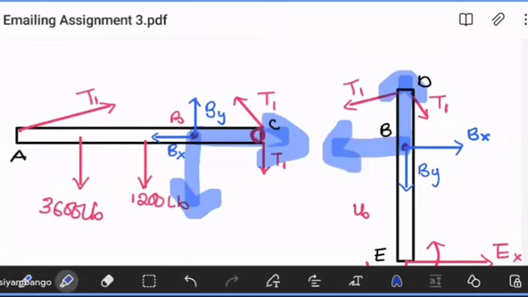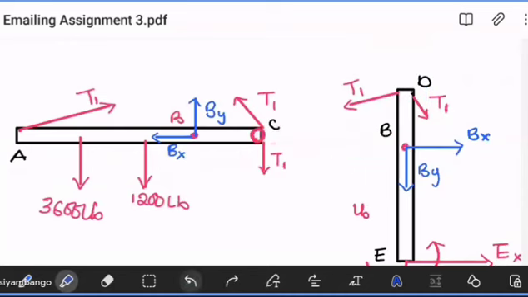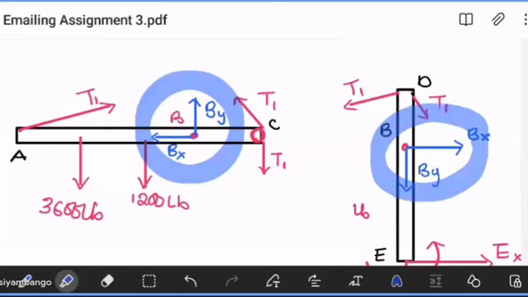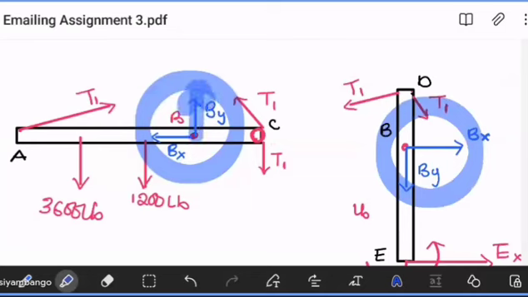So when you're starting, it's up to you what you choose. You can choose anything. But once you make your choice, you must stick to it, because your selection here affects how everything else is going to be. That is the key thing you have to remember here. The minute I chose By to go up, I had no choice: on this side, the same force had to point down.